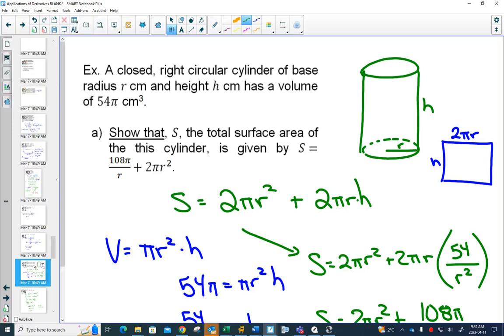A can of pop is basically a cylinder. A can of pop would have a volume of 355 milliliters. And 355 milliliters of water, which Coca-Cola or Pepsi is basically water, is 355 centimeters cubed.